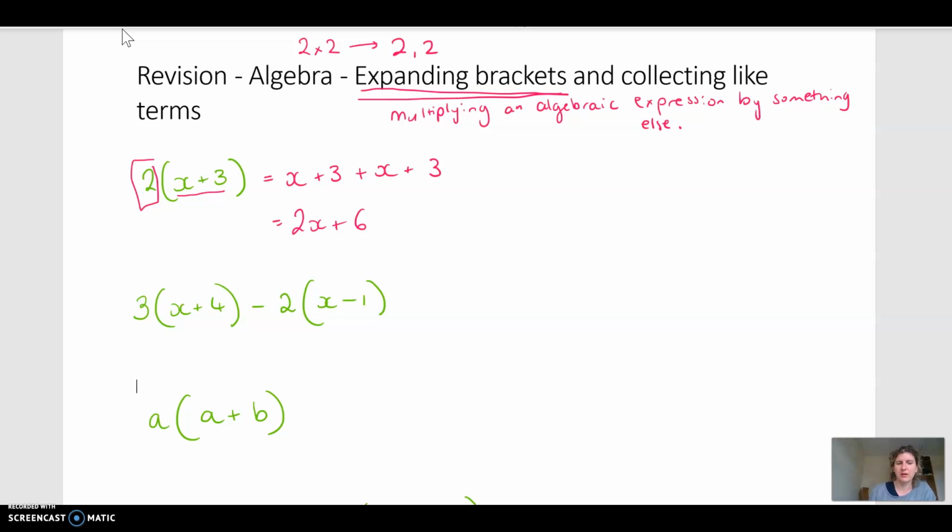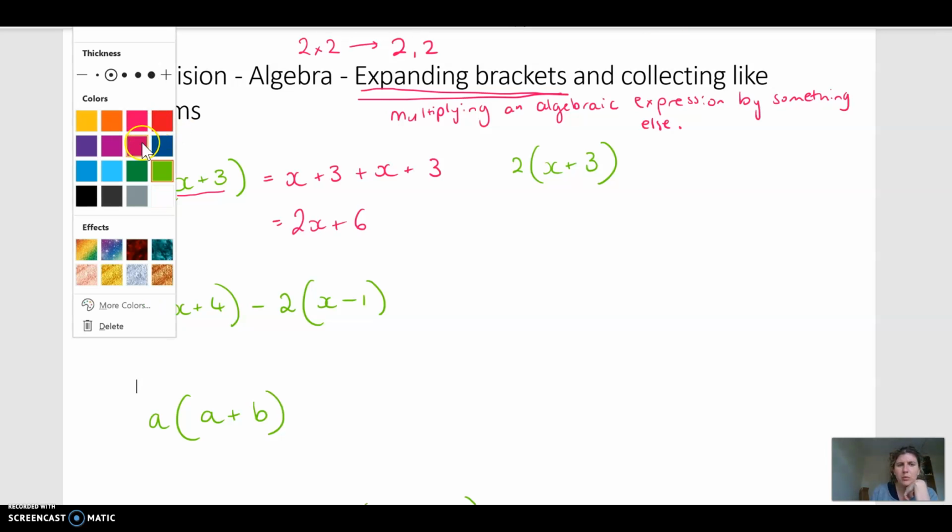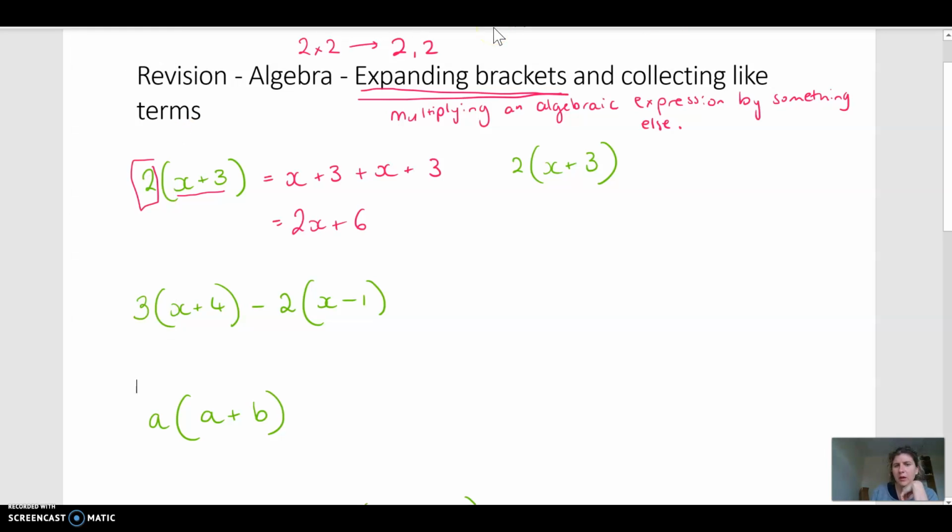Now, we could do that for everything, but it would be really annoying. And when it comes to having letters instead of numbers, we can't use that as a technique anymore. So we need to have a different way of doing it. The way that we expand brackets, as a way of multiplying an algebraic term by something else, is you're multiplying whatever is outside the bracket by whatever is inside the bracket. That means that you need to multiply both parts of the expression.